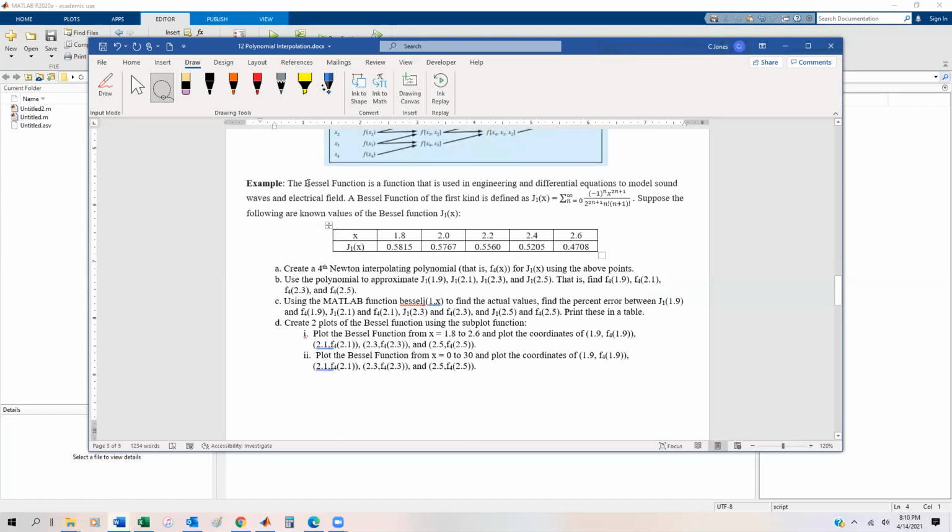Some of you may have seen, and I remember when we teach differential equations, that we look at Bessel functions. Bessel functions are very useful for solving particular types of differential equations with non-constant coefficients. A Bessel function of the first kind is defined as j sub 1 of x equal to this mess right here, this infinite power series.